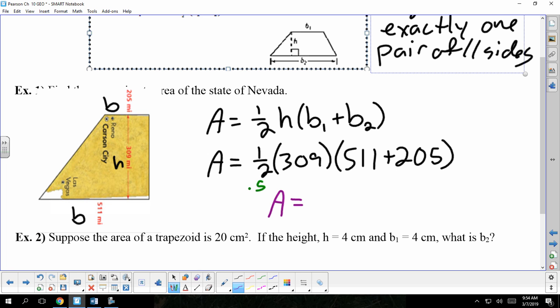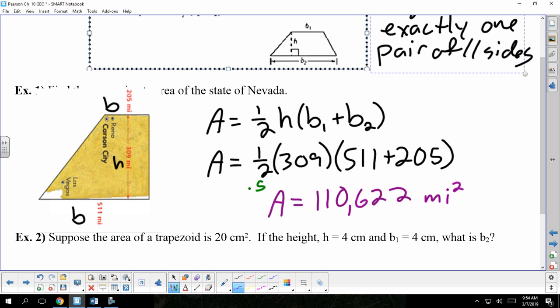So hopefully if we are all checking out, we have 110,622 square miles. All right, so miles squared. All right, were we able to get that with our calculators? Good, moving forward.